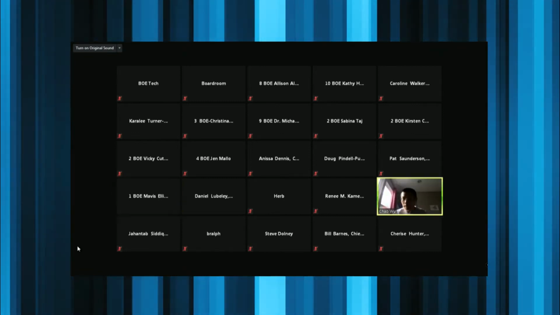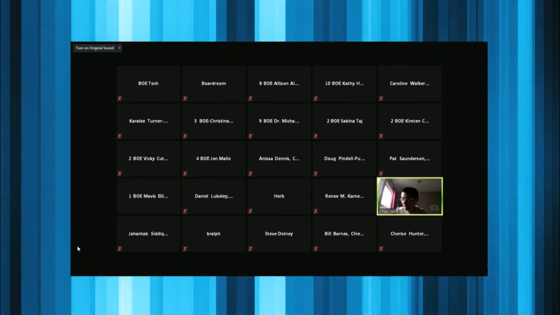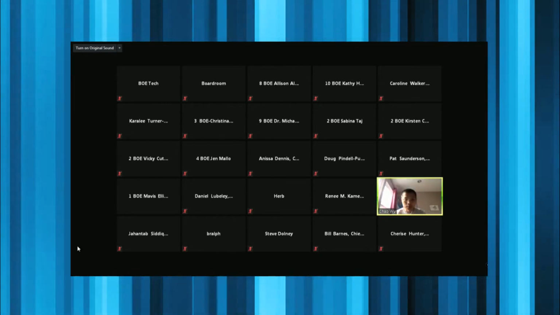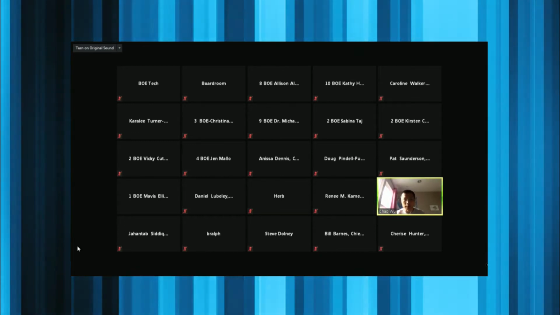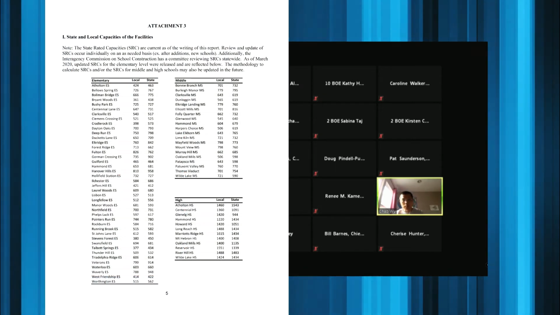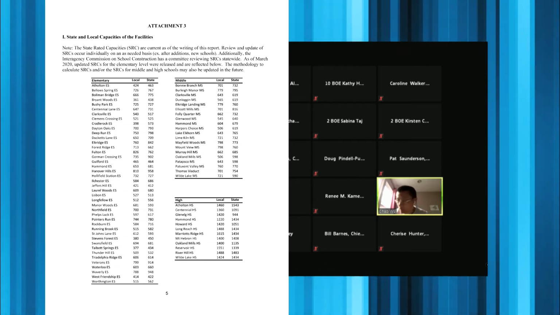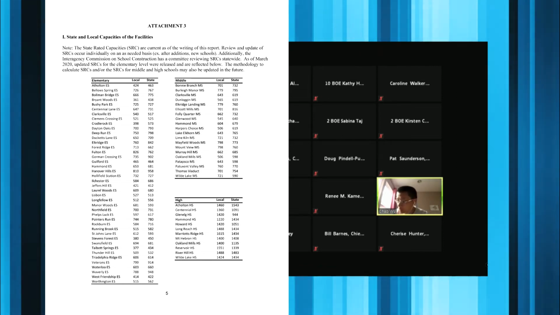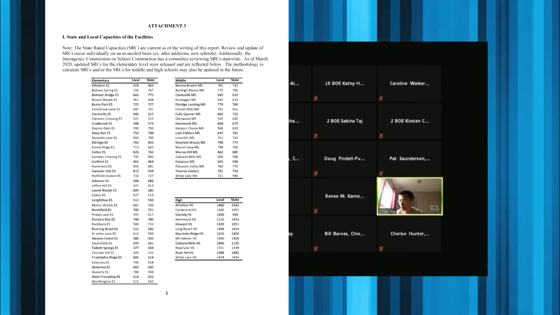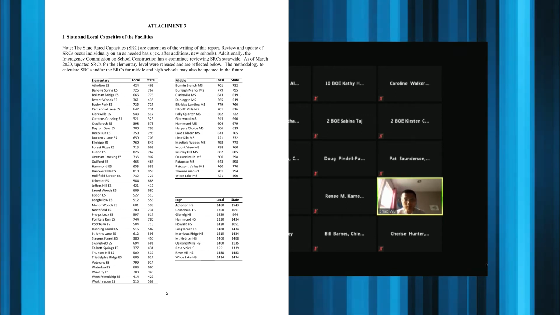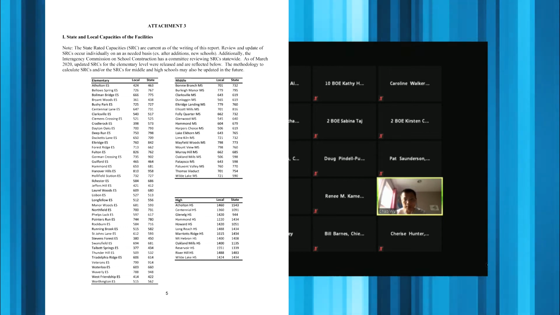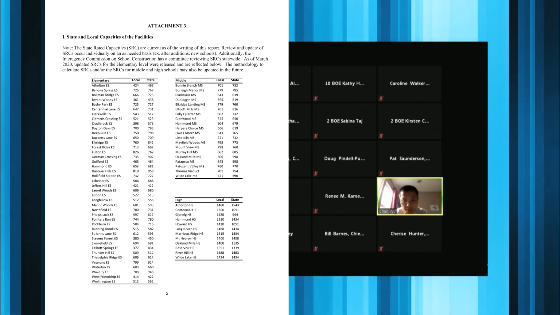Mr. Carmen, I have a question on the report on page 5. So I'm comparing the capacity between local and the state. And I realized, for example, for elementary school level, majority of our local capacity is a little smaller than the state. One example, Waverly, our local capacity is 788 and our state is 948.